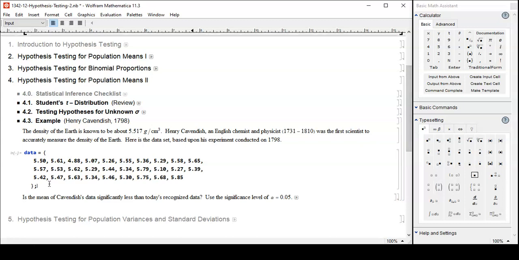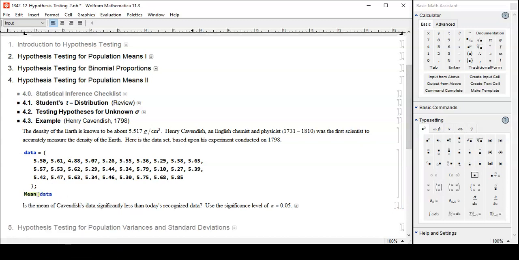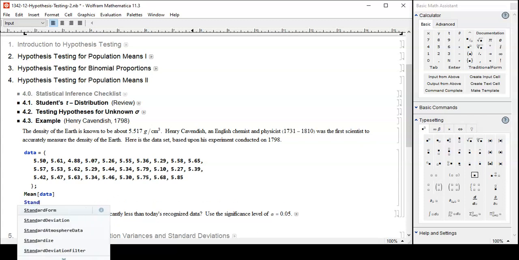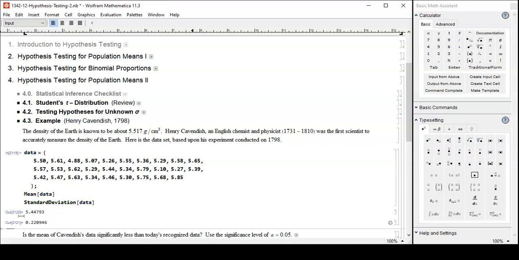Here's the data, and then the mean of this data and the standard deviation of this data are 5.44793 and 0.2 to 0.946 respectively.